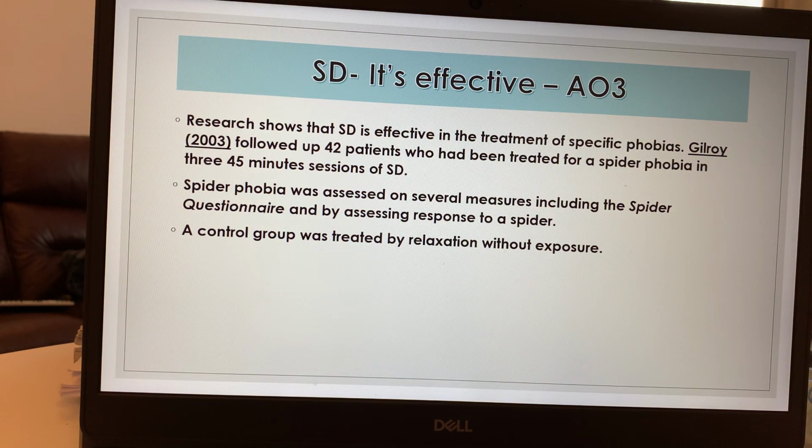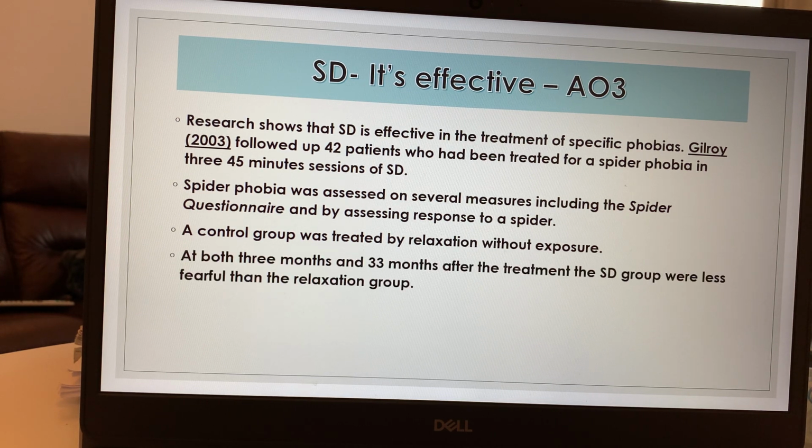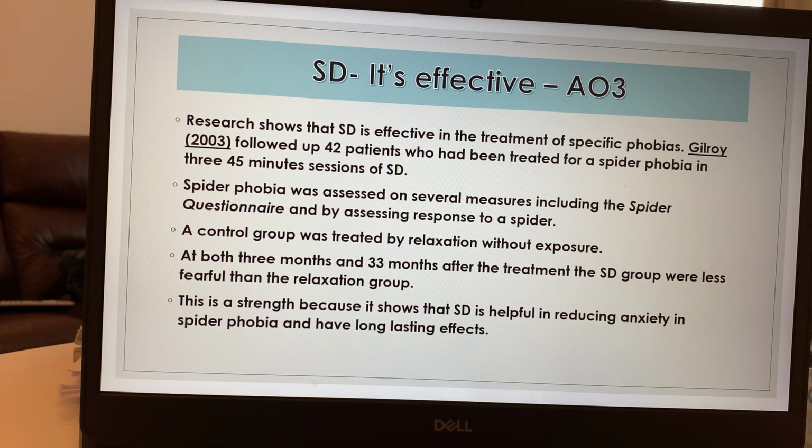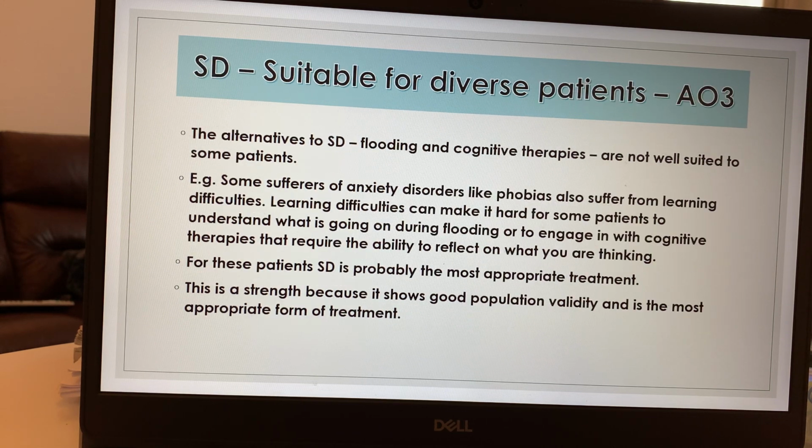They were only really taught sort of meditative techniques, didn't have any exposure to the spider. And at 3 months and 33 months after the treatment, the group who had SD were less fearful than the relaxation group. So why is that a positive? Because it's showing that it has long-lasting effects. So over 3 months, but also over 33 months, we have them feeling less stressed in those situations and producing a less physiological response. Okay, so that's a pro.